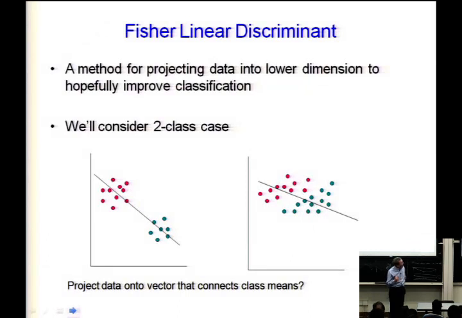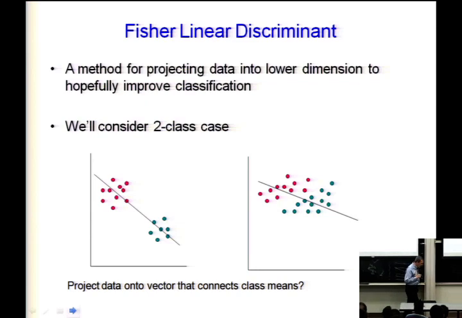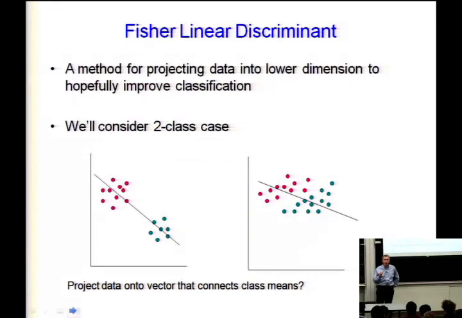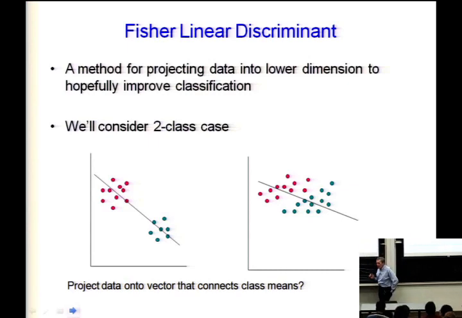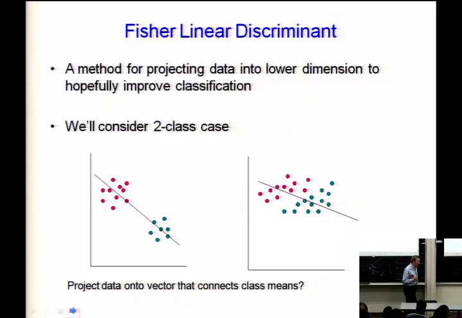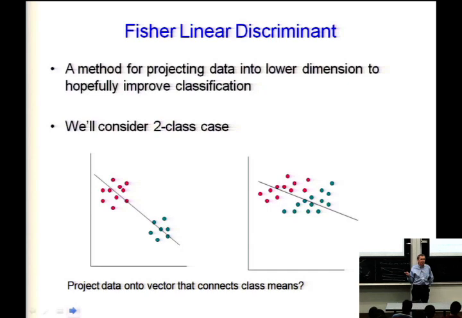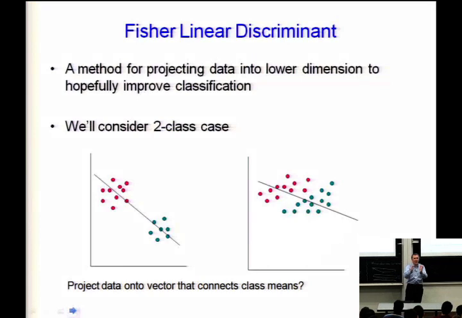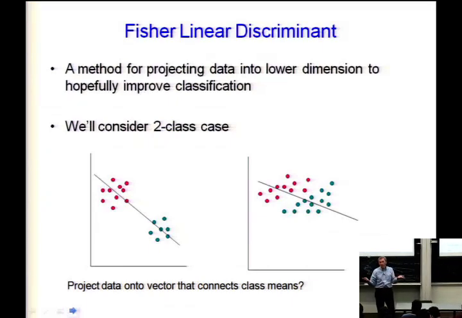But generically, the idea of a Fisher linear discriminant is that we want to learn a linear classifier for this function, but in a lower dimensional projected space. So we want to project these points into some other space that will make it easy to classify them. And if this is a very high dimensional original space, then projecting it into that lower dimensional space is also kind of a way of dealing with possible overfitting issues.